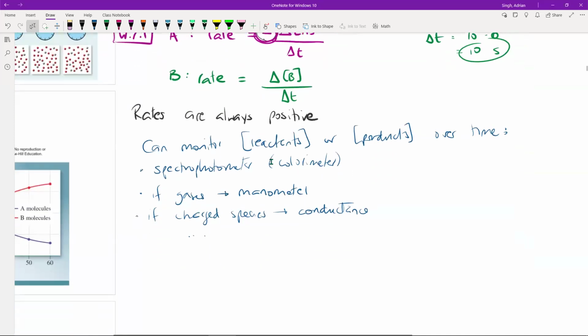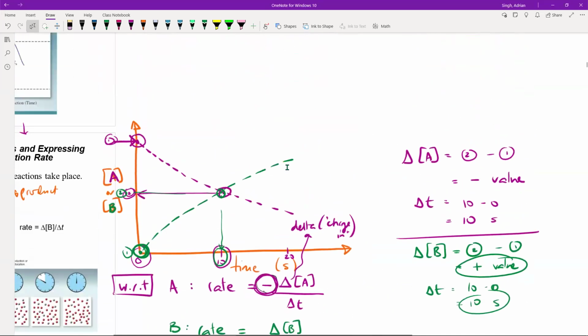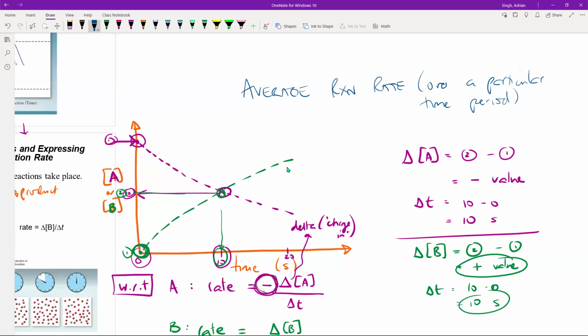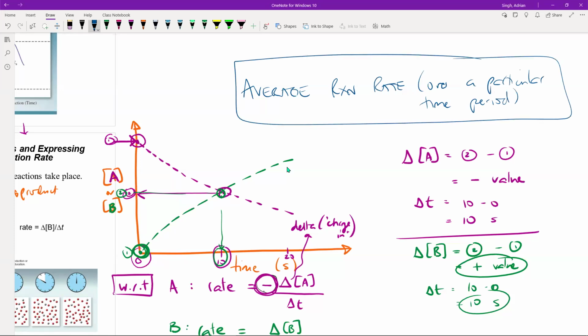Now, the thing to note about this particular example is that what we end up determining with this technique is what's known as the average reaction rate, over a particular time period, whether it's in this case 10 seconds, maybe an hour, maybe a day, maybe 3 seconds, doesn't matter. This technique gives us an average rate of a reaction.